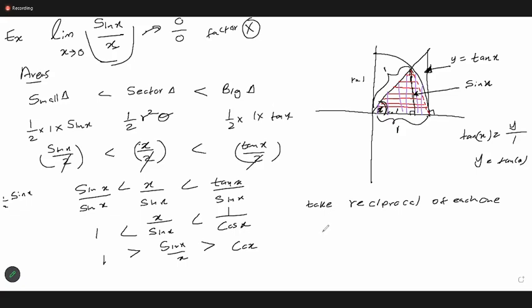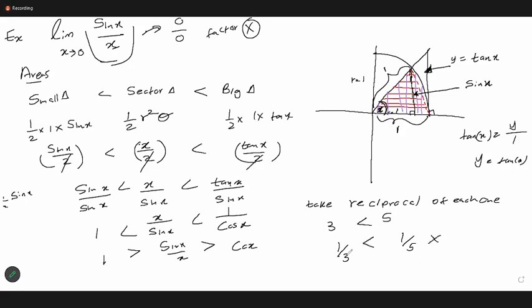If you consider number 3 and number 5, so you can write like this. If you take the reciprocal of those, that means 1 over 3 and 1 over 5. Now just think about that. If you keep the inequality sign like this, it will be wrong.